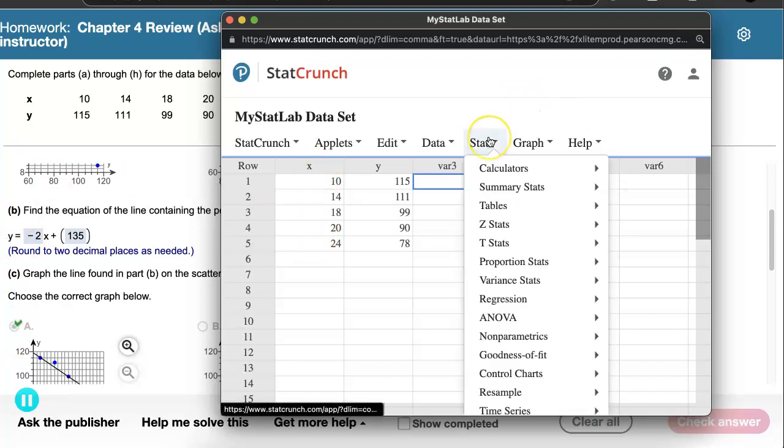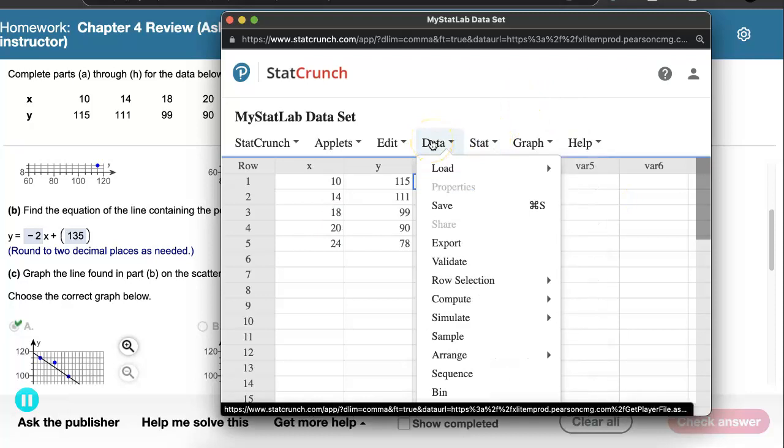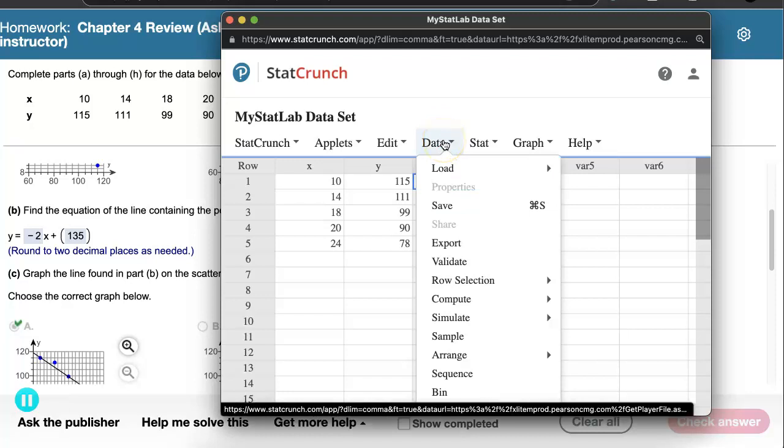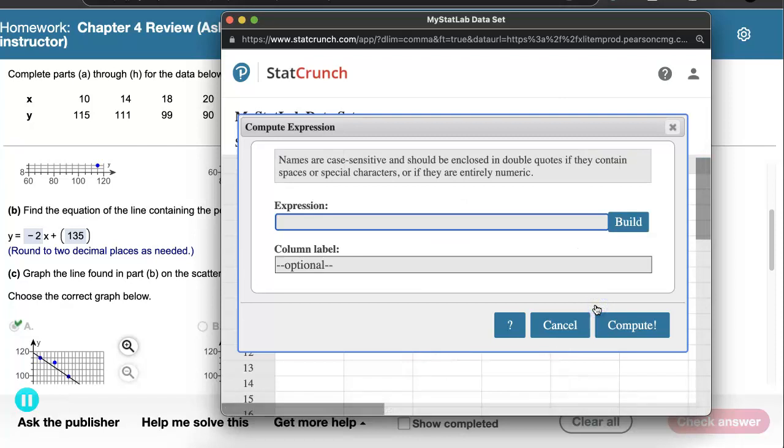Okay, so to do this, I'm going to go to data. Oh, let me back up for just a second. Notice that I'm hovered here on top of the first cell in the third column. Now I'm going to go to data and I'm going to select compute and expression. And I'm going to start to build this expression that will calculate those outputs that this line says should happen.